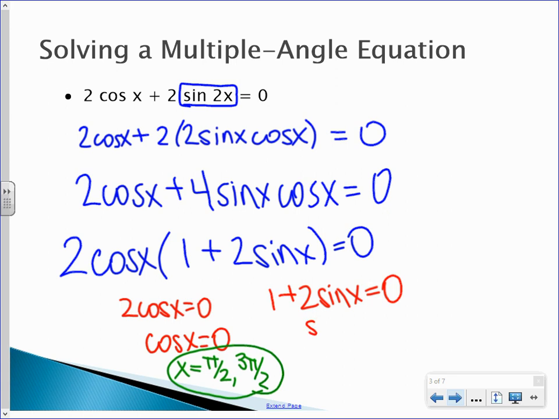Over here we're looking for where the sine of x equals negative 1/2. We need to know where the sine is negative 1/2. Hero, where does that happen? Pi over 6.